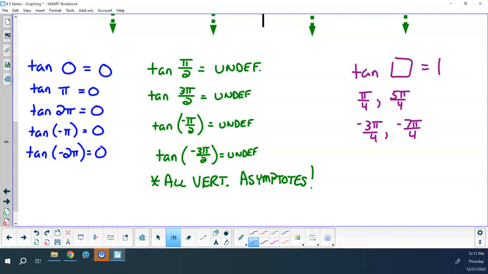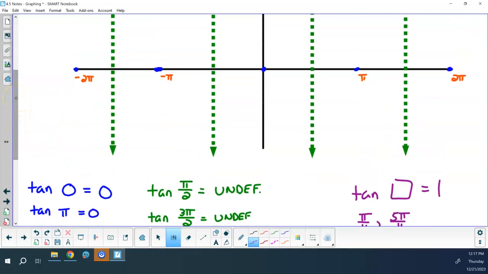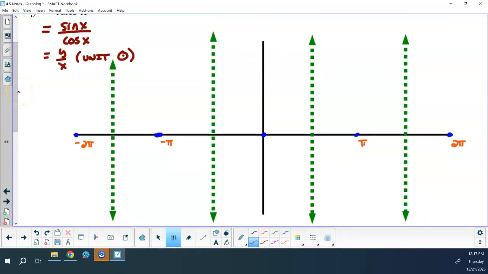So at those spots, our tangent value is positive 1. So that means here, here, here, and here.